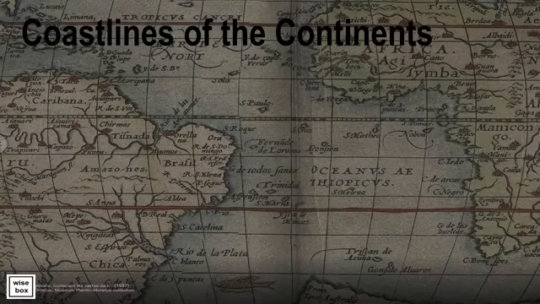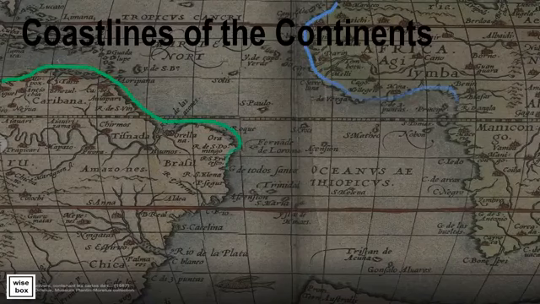He writes, "The coastlines of the continents are so similar that they seem to have been torn apart at some point in time." The similarity in the coastlines is very well visible in Ortelius' atlas, when looking at the Latin American and African coasts.